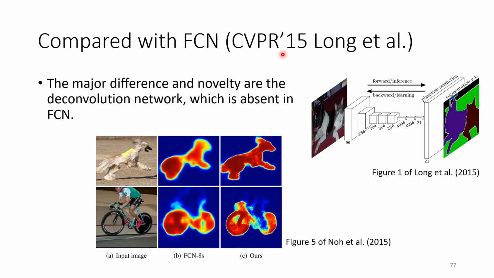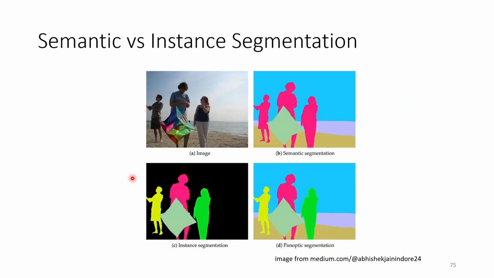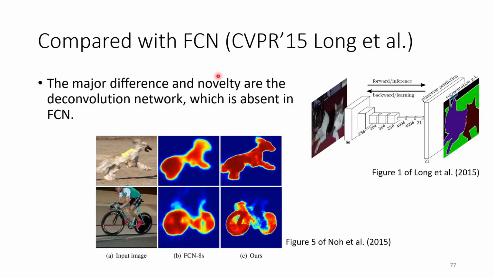It's June. CVPR always takes place in June. And this paper, deconvolution, is published at ICCV the same year. So when is the month of ICCV? October. It always takes place in October. So this one, the fully convolutional network, was published 4 months earlier.